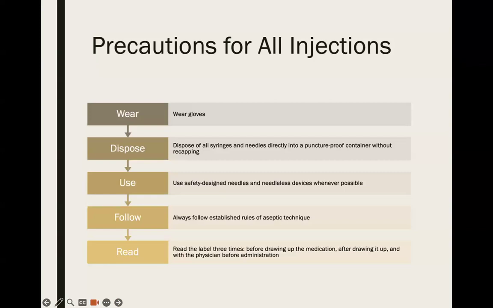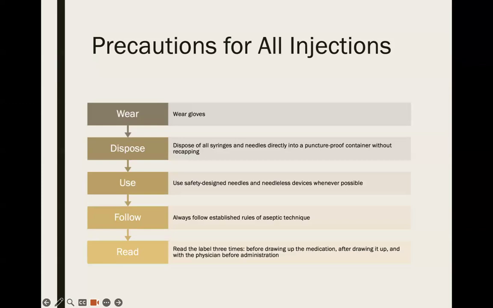We want to dispose of any syringes and needles directly into a puncture-proof container without recapping. If we're starting IVs, we want to try to use safety design needles and needleless devices whenever possible. If we're starting an IV, we want to make sure we follow established rules of aseptic technique. And if we're taking the IV out, we want to make sure we follow those rules as well.